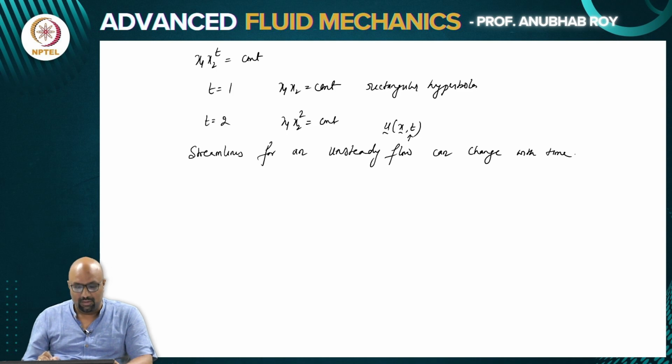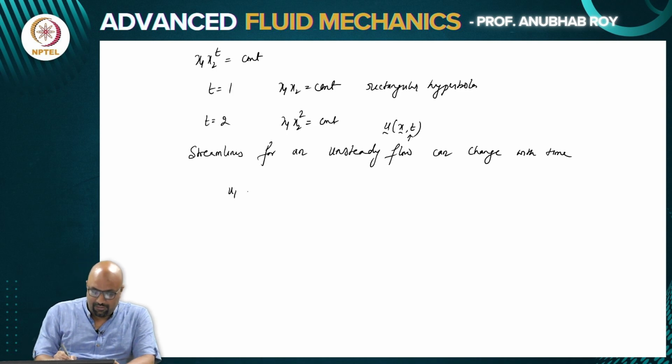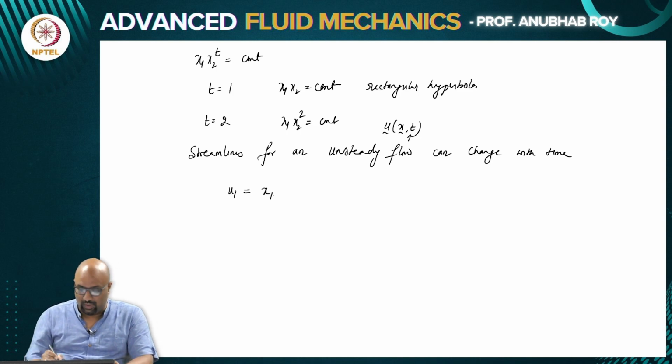Why did I not say that it will change with time, that for every different instance of time it will be different? So, if you consider a velocity field, I will keep taking the same example, u1 equals x1 times some arbitrary function of time, and u2 is minus x2 with the same function of time.